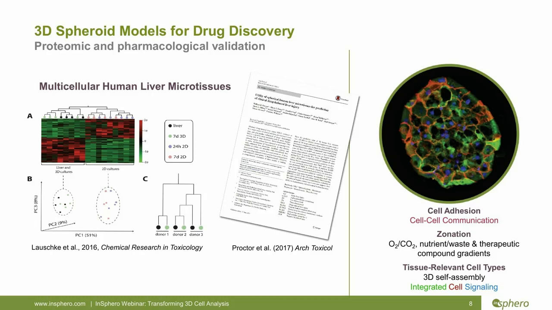But the ultimate test of how useful multicellular 3D models will be for drug development is the pharmacological validation. And one of the most comprehensive demonstrations of in vitro to clinical data translation that we are aware of is the 2017 Archives of Toxicology paper authored by Will Proctor from Genentech and Alison Foster from AstraZeneca.